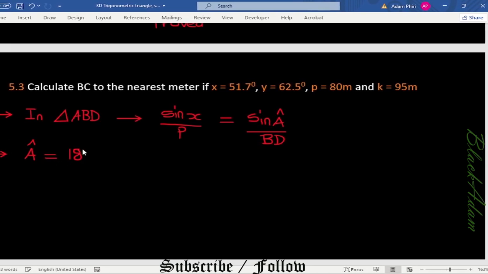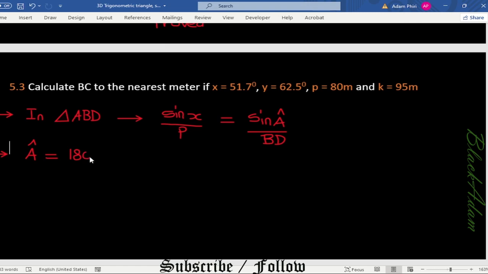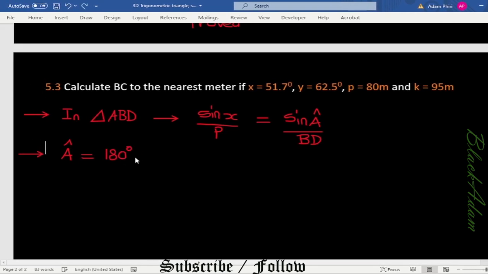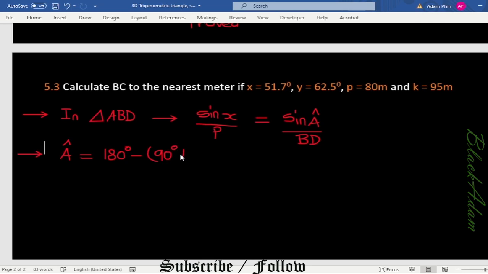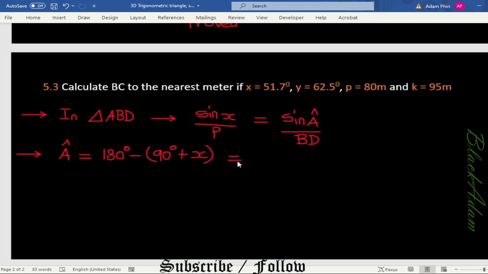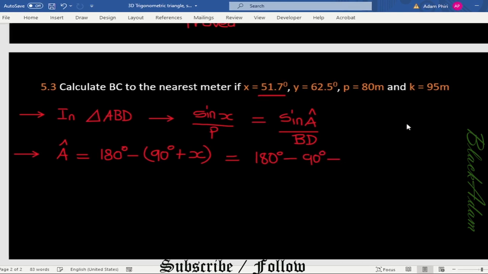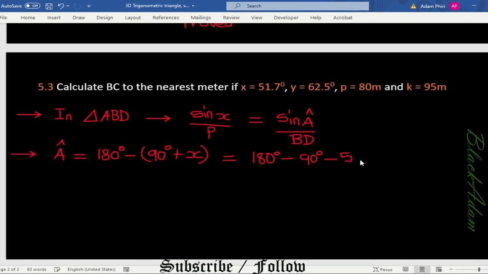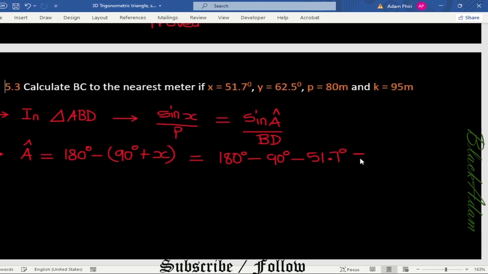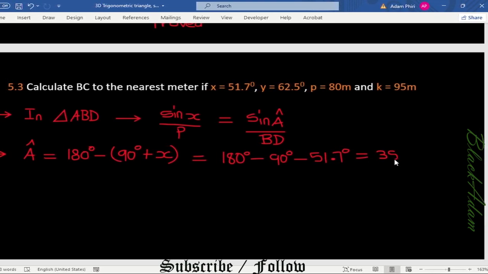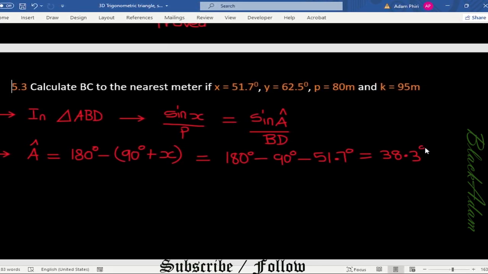Angle A is going to be 180 degrees minus 90 degrees plus x. So that will mean we have 180 degrees minus 90 degrees, then minus x, which is 51.7 degrees, and all of that gives us 38.3 degrees.